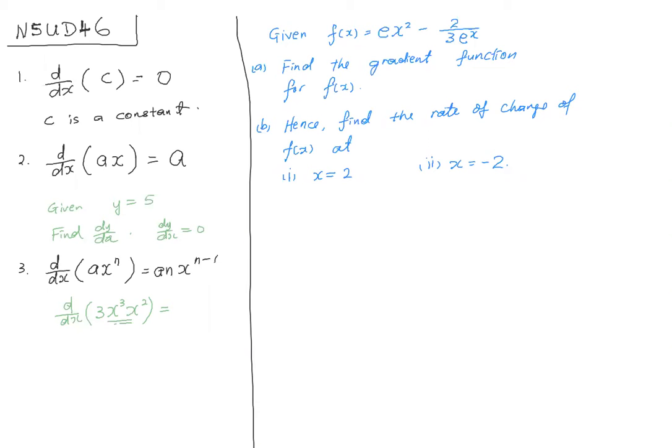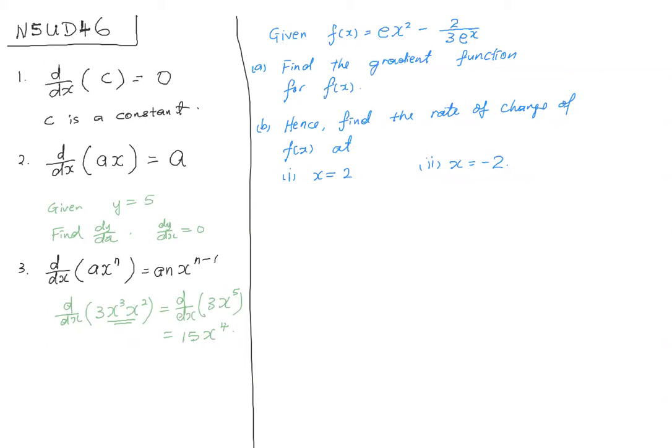So 3x to the power of 5. So 15x to the power of 4. Yes. So 3 times 5 is 15 x to the power of 4. So we have to be very careful when we can use this formula.